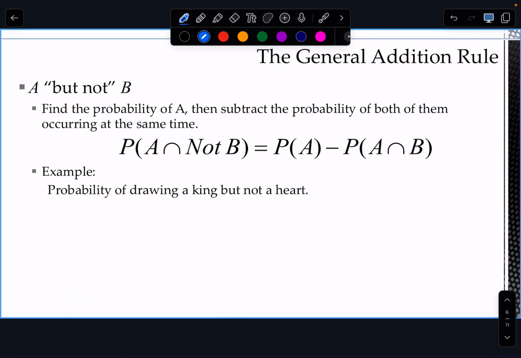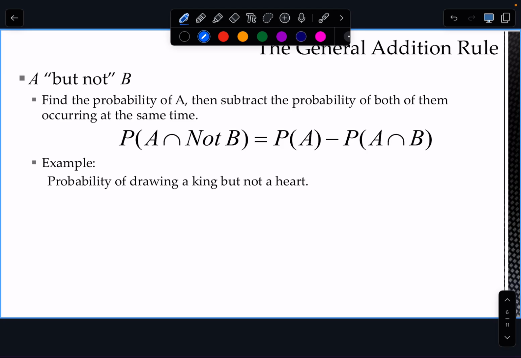Next thing here. So another thing we need to be aware of is when we have these non-disjoint events, when I do have these overlaps, there are times where I want to be concerned with specific outcomes in my event, but I want the outcomes that are only for my event.